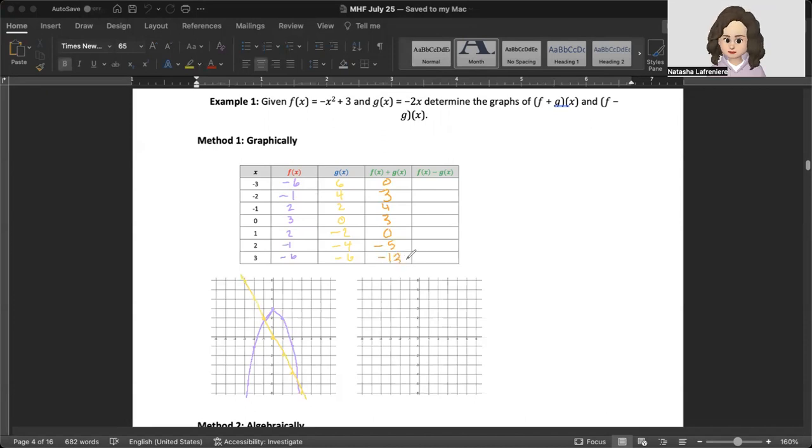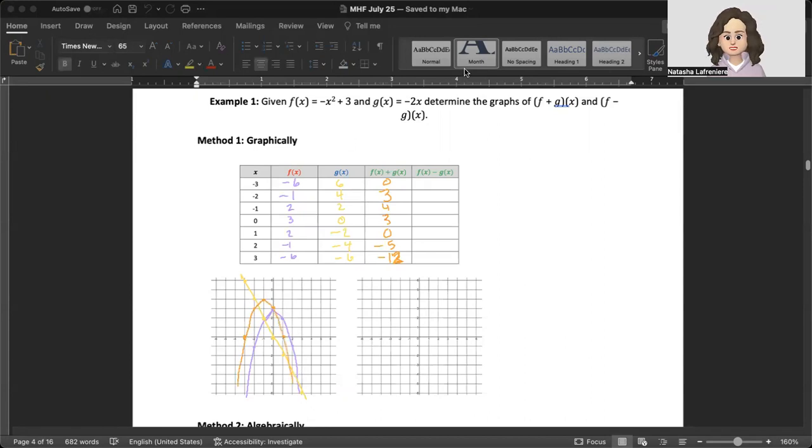It's supposed to be a 12. And so your sum of f and g is going to look like this. Okay. Bam.